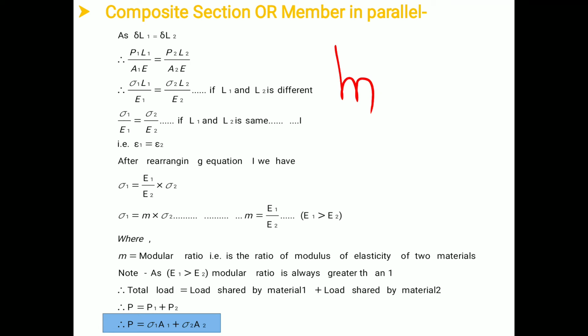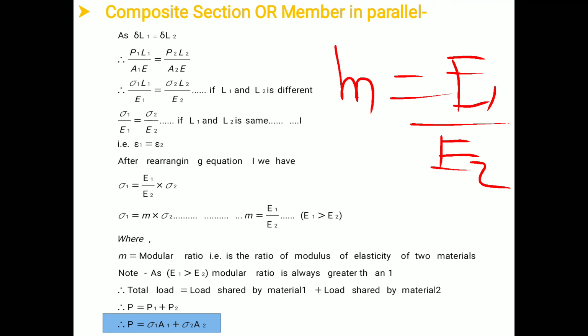Therefore remember that E1 upon E2, to apply the modular ratio, your E1 value must be greater than E2 value. You have to remember this key concept in the case of modular ratio.